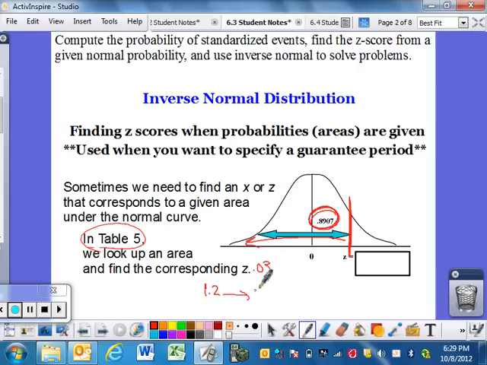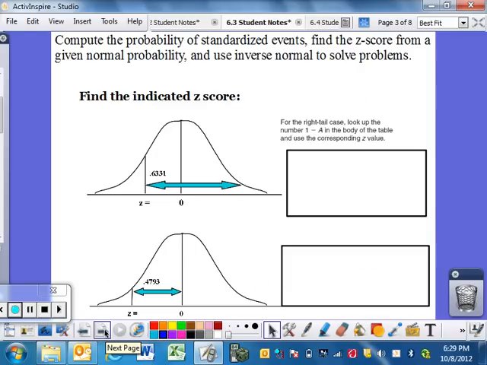If you follow them over and down, what is your z-score then? 1.03, or 1.23, excuse me. So that is the z-score. That's as easy as the game is. If you can find the number in the table, you just follow it over, and whatever that z-score is, you win. So let's see if we can win on the rest of these.